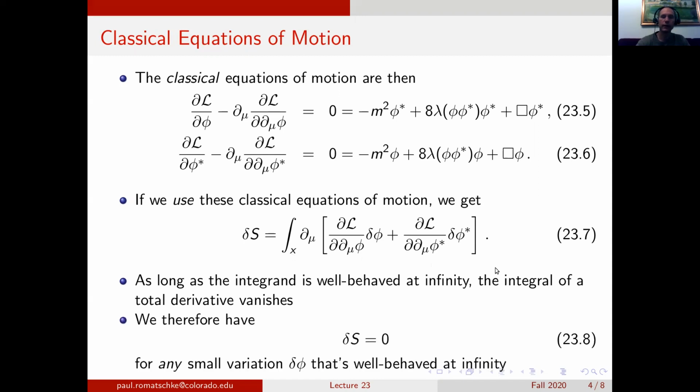As a consequence, we find that the variation of the action delta S is exactly equal to 0 as long as this variation here is well behaved and we don't have any restriction on the specific form of delta phi. So to linear order in delta phi, because this integral is an integral over a total derivative at infinity, it vanishes regardless of what delta phi is. Any small delta phi will give us vanishing variation of the action.